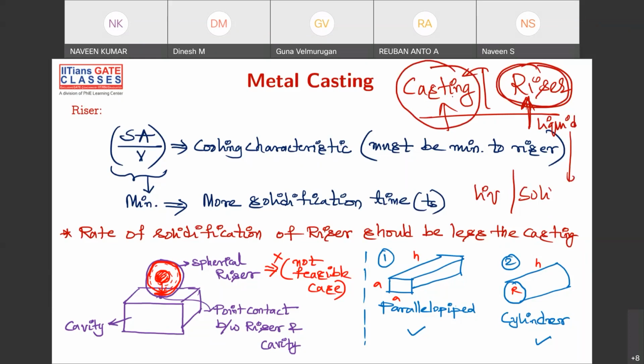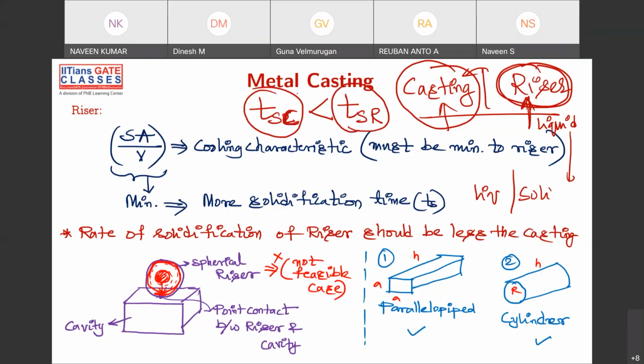So you should design the riser in such a way that the casting solidification time is less than the riser solidification time. Riser solidification time should always be more. It should take more time to solidify, and casting solidification should be less.